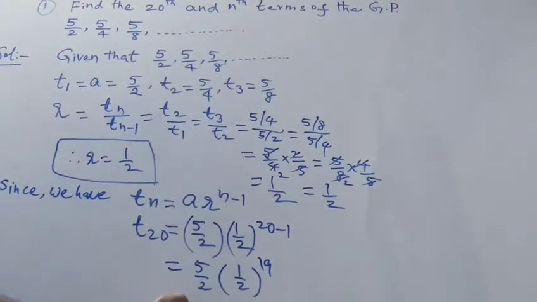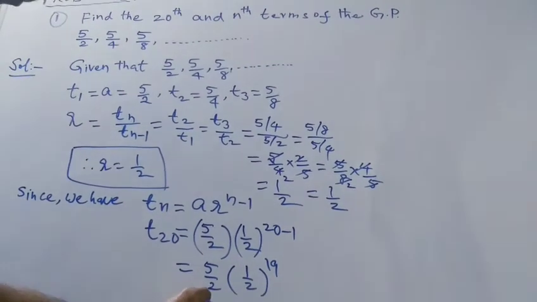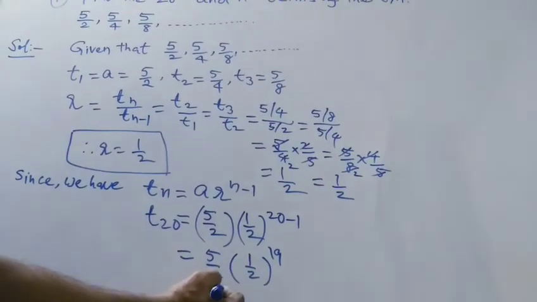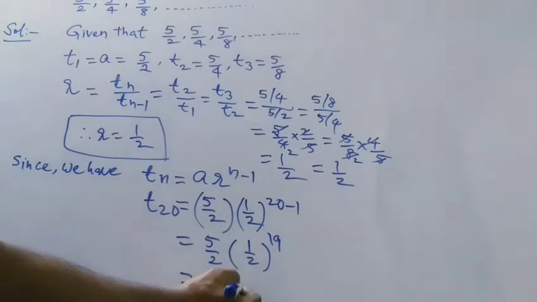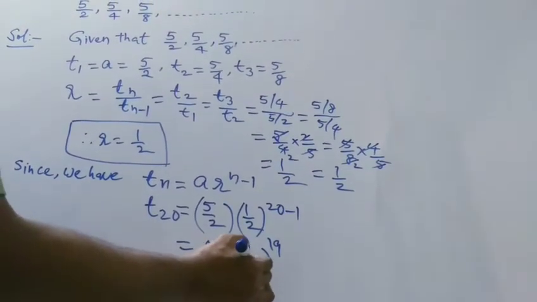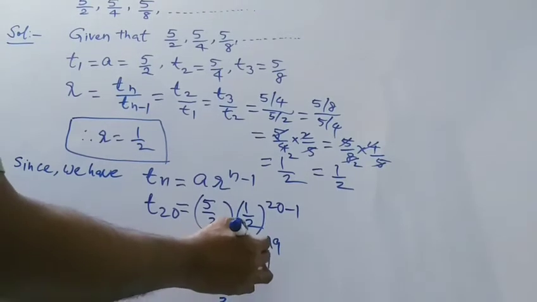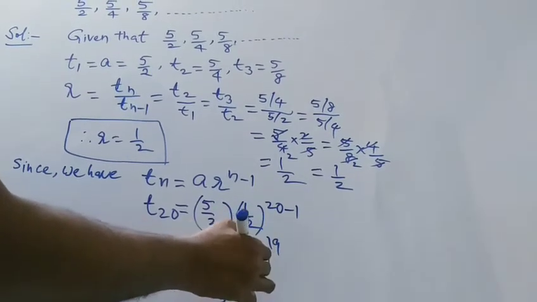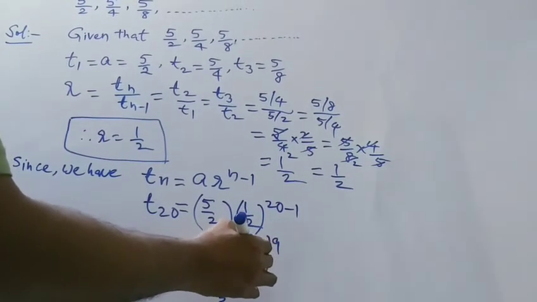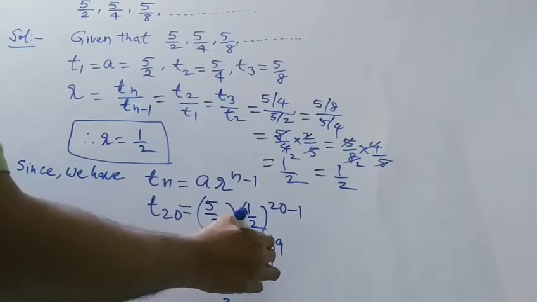We can write it like this also. 5 by 2 into, it seems to be (a by b) all to the power of m, that becomes a to the power of m divided by b to the power of m.